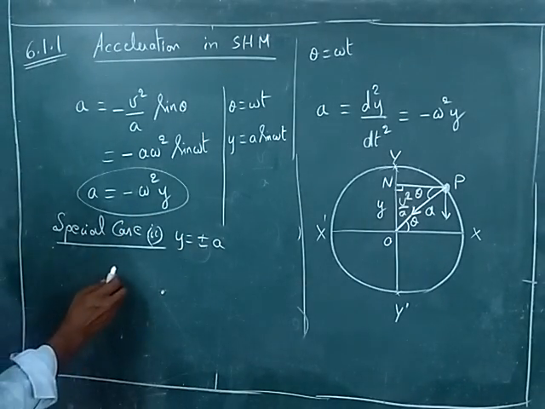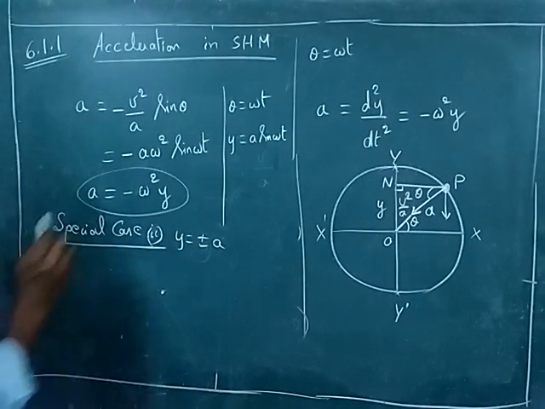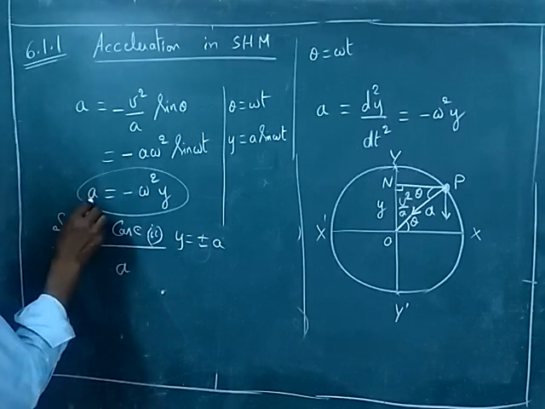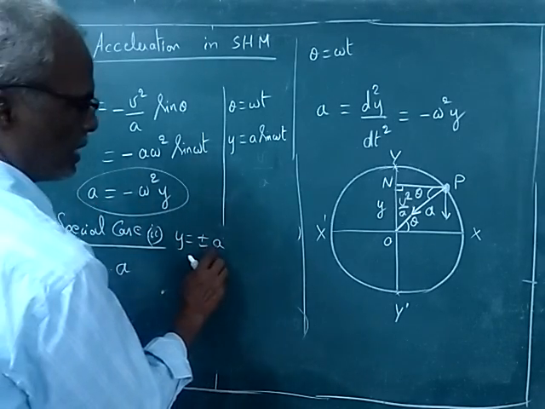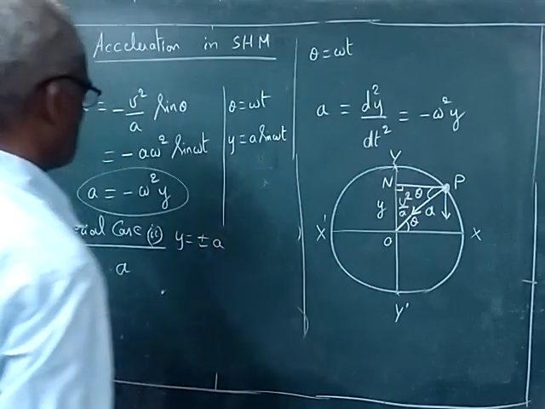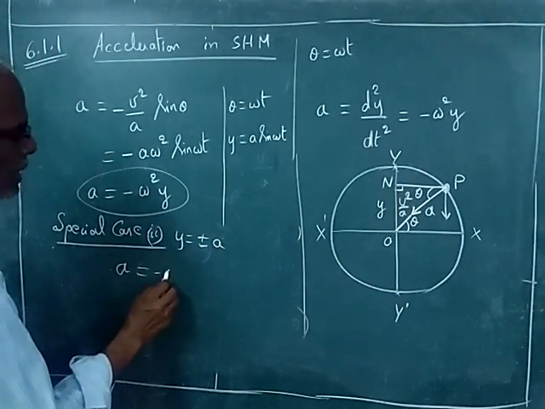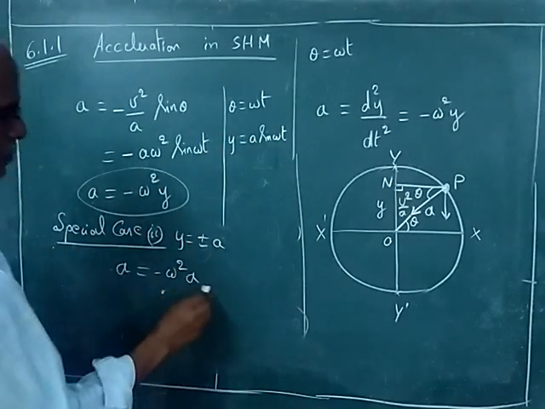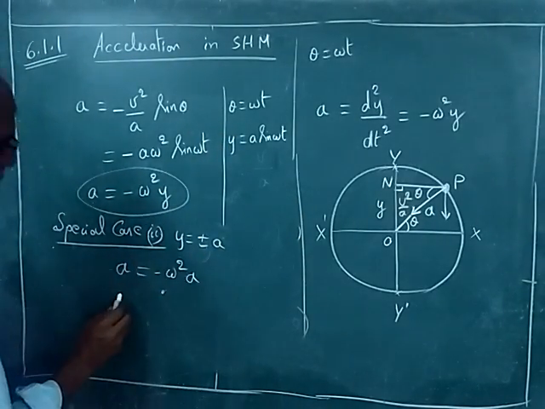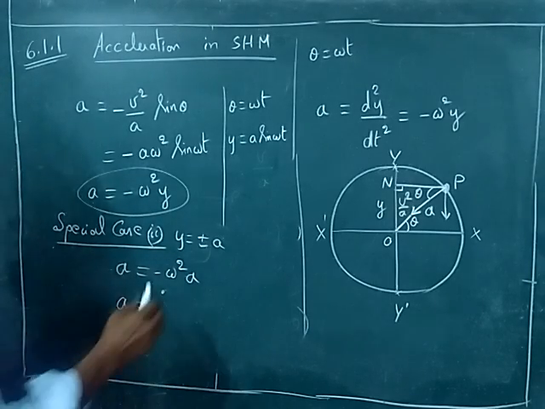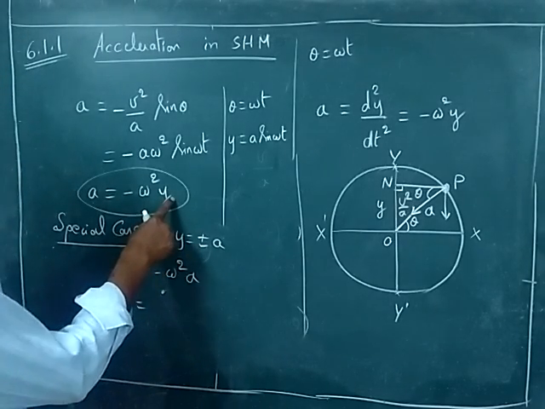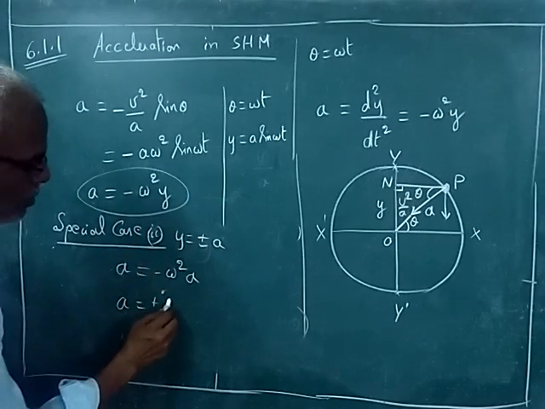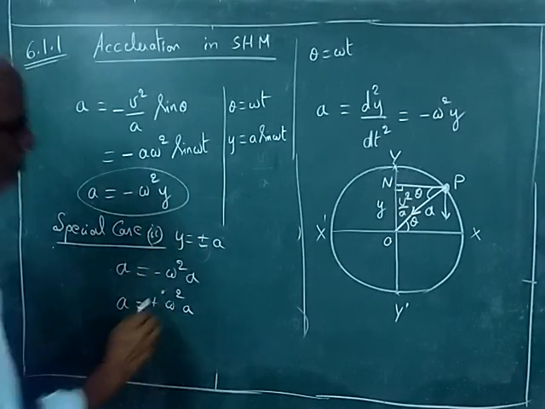So what will happen to this? Suppose if you take plus a, you will get the acceleration, where here a is the radius of the circle, equal to minus omega square a. The same way, when you substitute minus a in this equation for y, minus into minus is plus, so you will get omega square a.